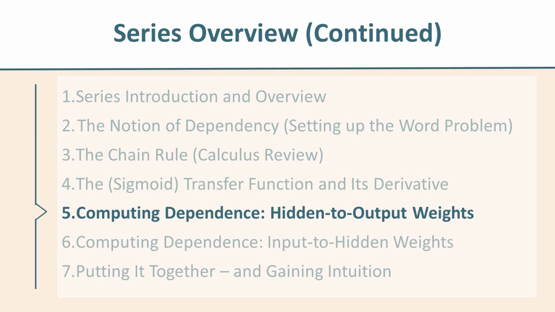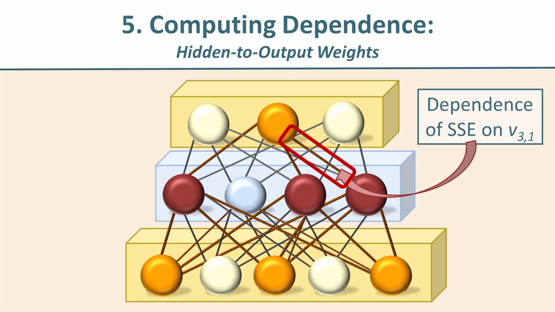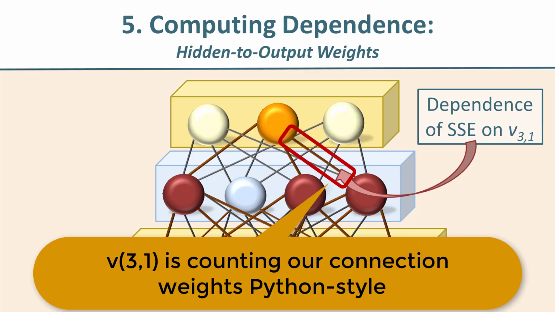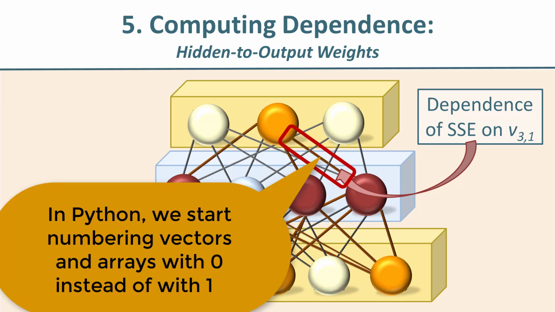Once we've established our transfer function, and of course worked out its derivative, we're pretty clear to get through the rest of the whole chain rule application process. We're going to do this in 2 parts. First, we'll figure out how to modify the connection weights going from the hidden layer nodes to the output layer nodes.